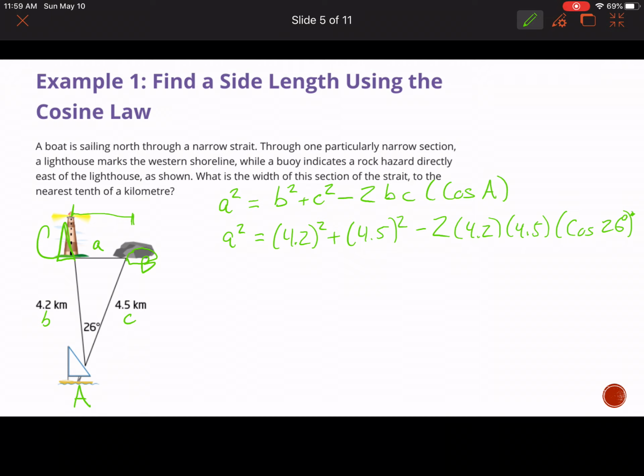All right, so time for some fancy calculator work. And remember to use at least 4, but as many decimal places as possible.